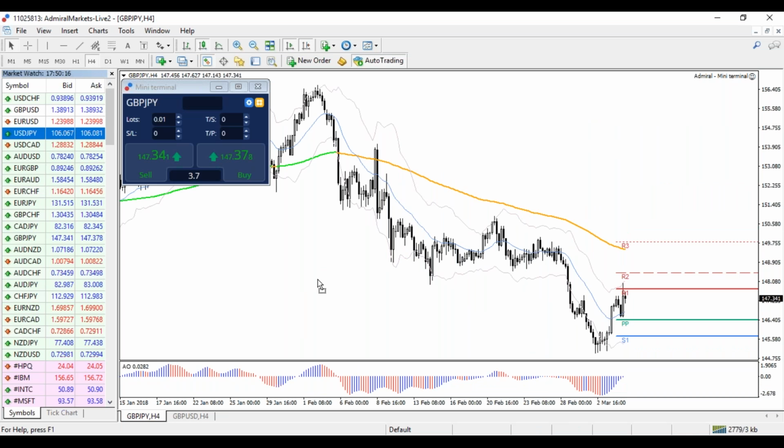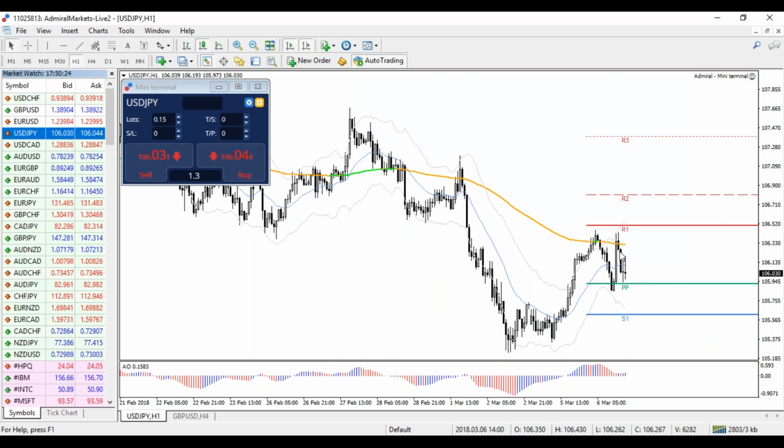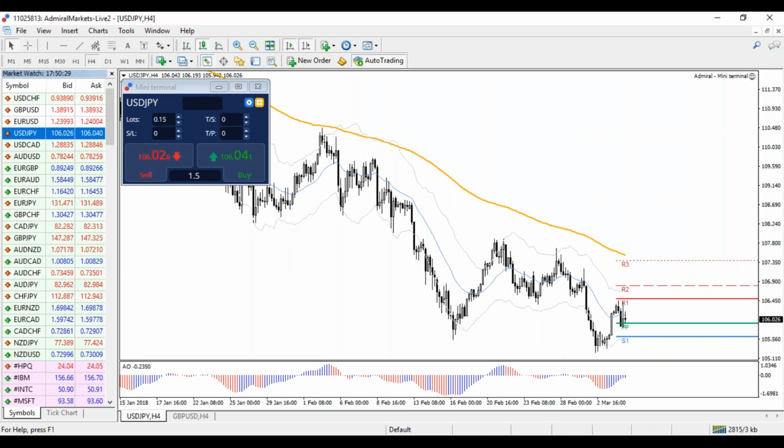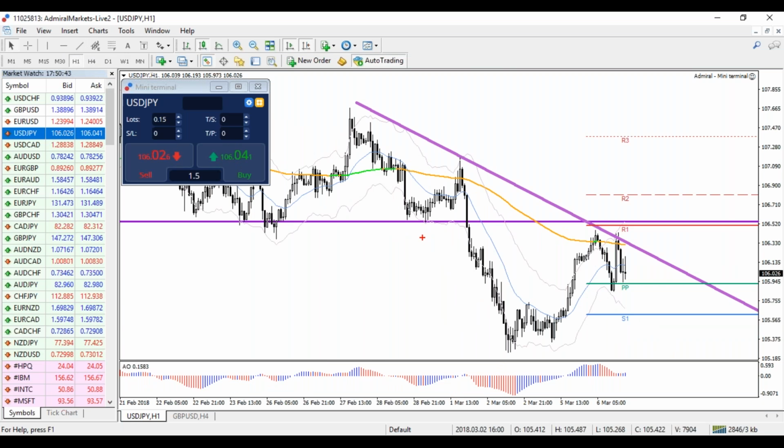Dollar yen looks similar, hasn't made a higher high as yet, which if it doesn't make a higher high could still be a wave 4. Like this could be wave 1, 2, 3, 4, and down it goes for 5. That could still happen. Of course, that would change if price breaks above the R1.